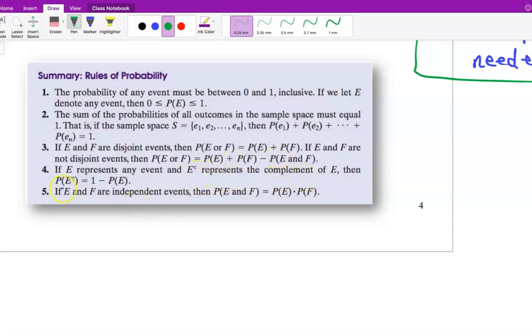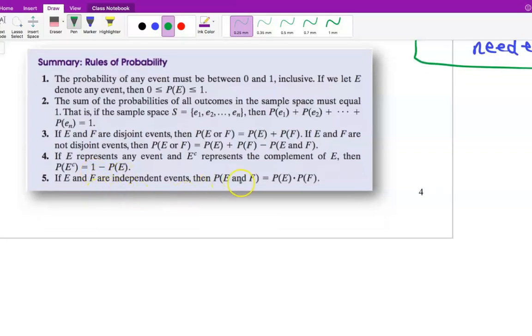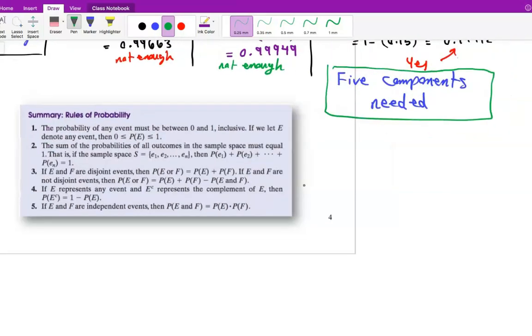And complements, we had the probability of the complement of this event is equal to 1 minus the probability of E. And the last one that we covered was for independent events. So the probability of E and F is equal to the probability of E multiplied by the probability of F. Okay, so I finished this part.